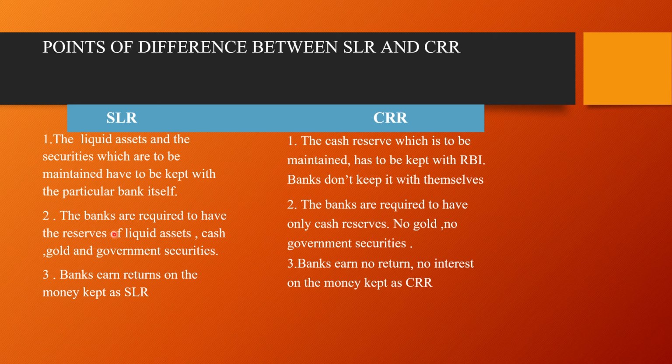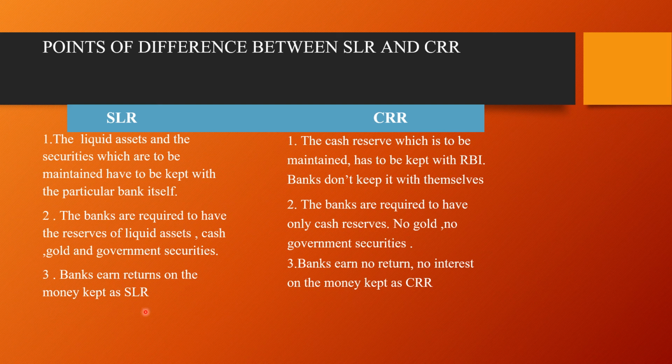Second point of difference: in SLR, the banks are required to have reserves of liquid assets: cash, gold, government securities. Here in CRR, the banks are required to have only and only cash reserves. No gold, no government securities, nothing of that sort. So this is the second point of difference. And the third point of difference: banks earn returns on the money kept as SLR.